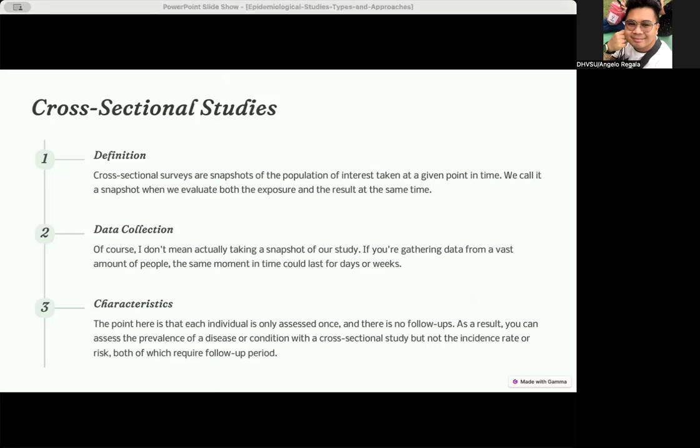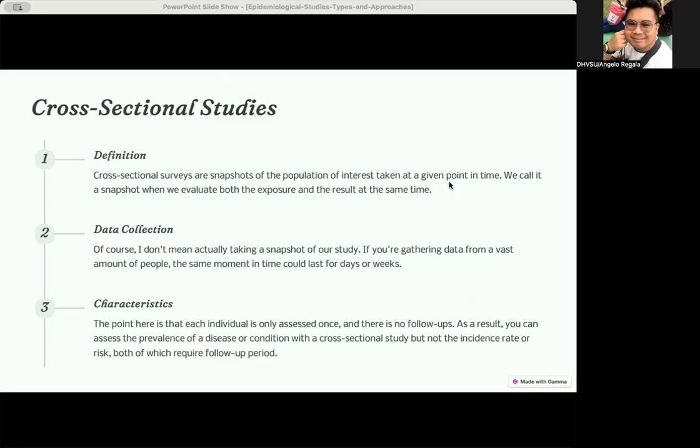Let's say you were exposed. What happened after you were exposed to that particular disease? Okay, so in a cross-sectional study, as an investigator, you measure the outcome and the exposure of the participants at the same period of time.